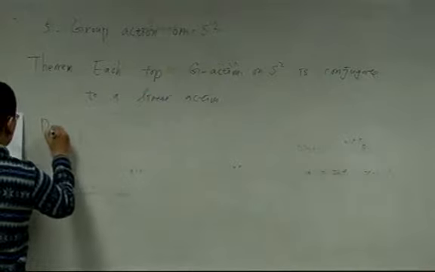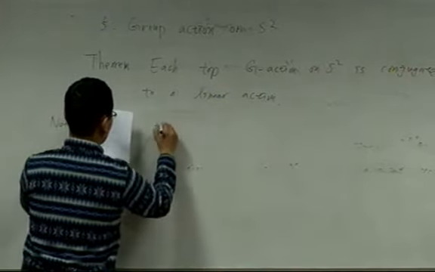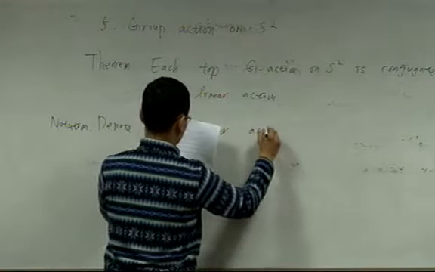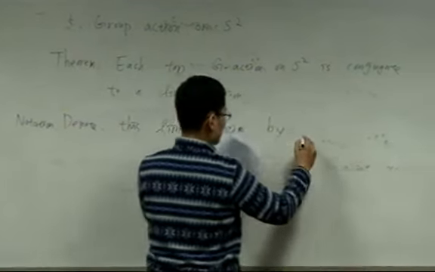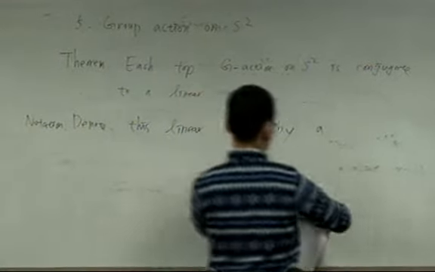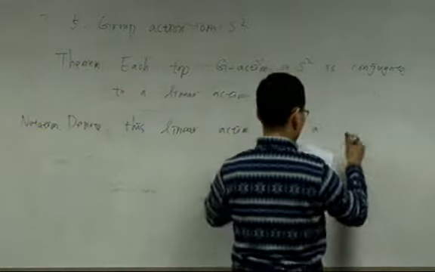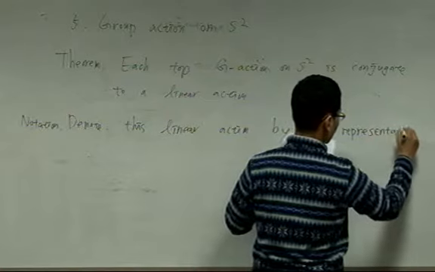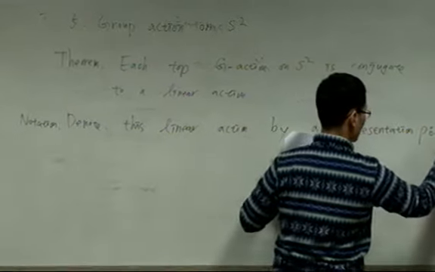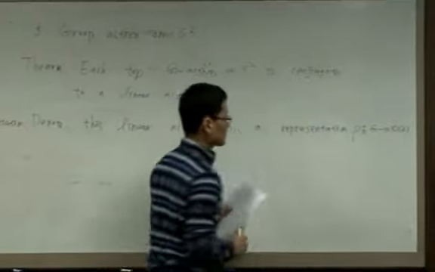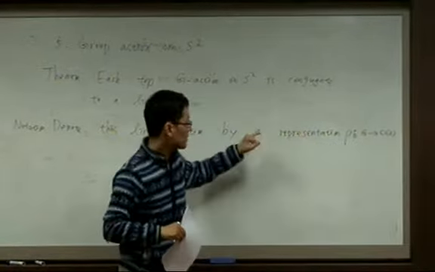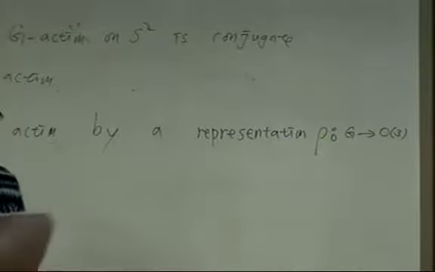So we denote this linear action by a representation rho from G to O3. Through this representation, G acts on R3, so G acts on S2.